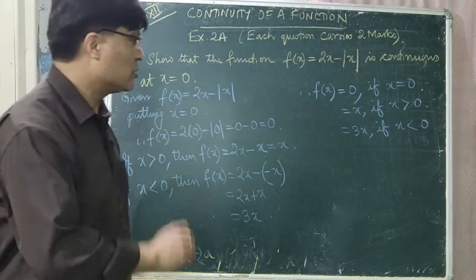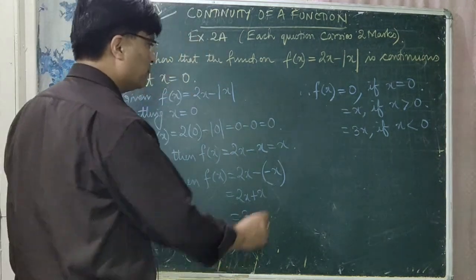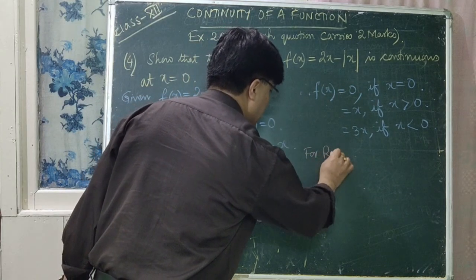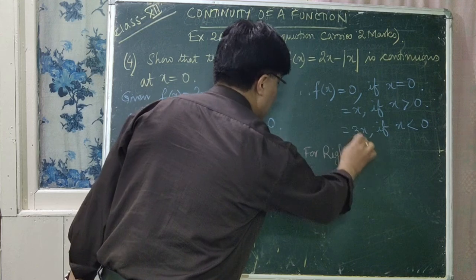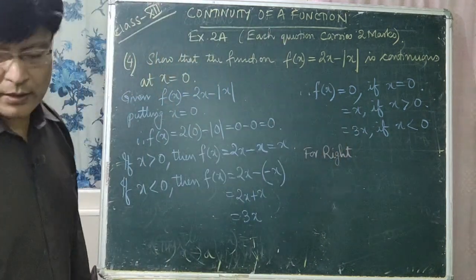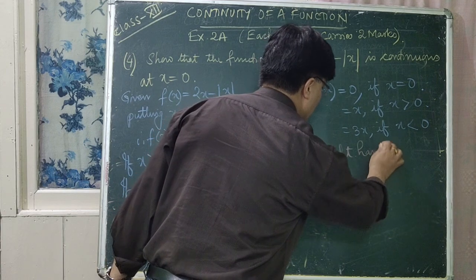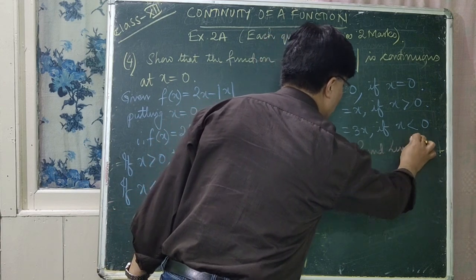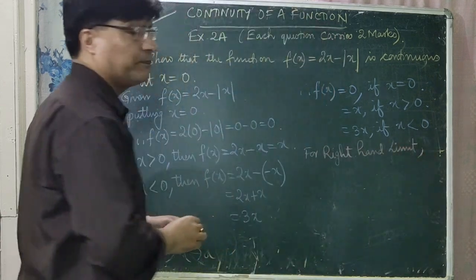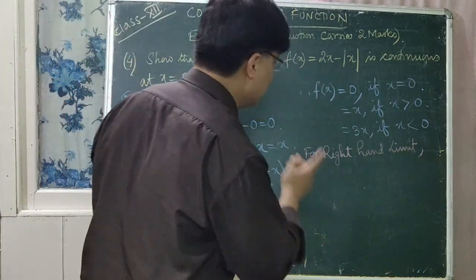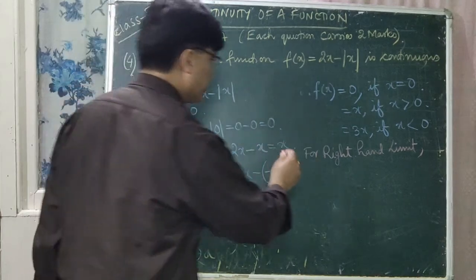Is that clear? So now let us do this problem. Let us write for right hand limit. What is the way of representing the right hand limit?